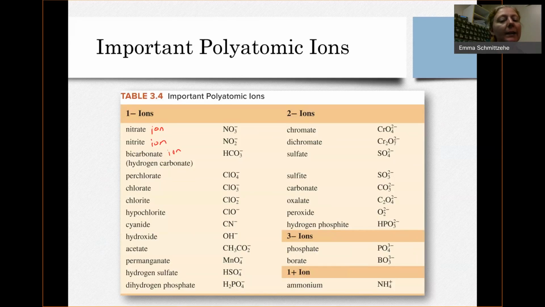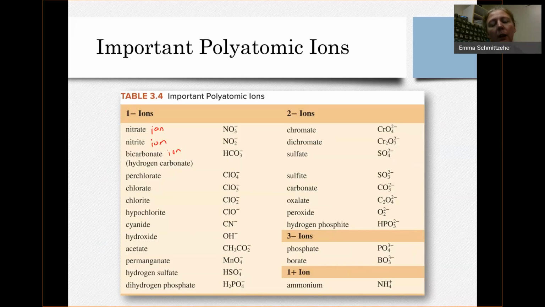Anything that has an overall charge on it should be named as an ion. That way it is very clear that that thing has an overall charge. Once that combines with some cation, the charges are considered to cancel and the word ion drops away. But if you're really talking about that ion only, you put the word ion.